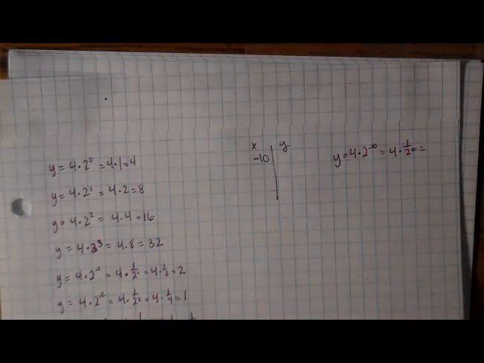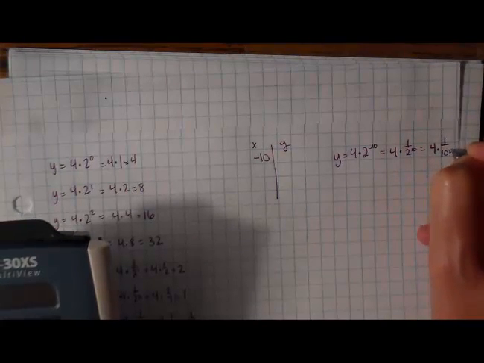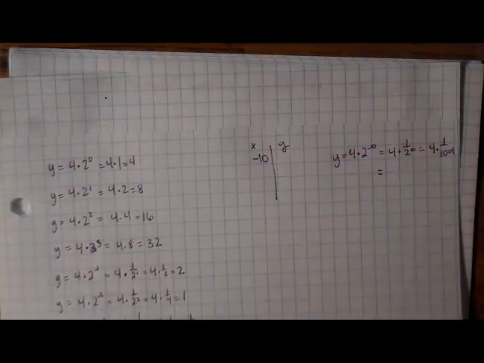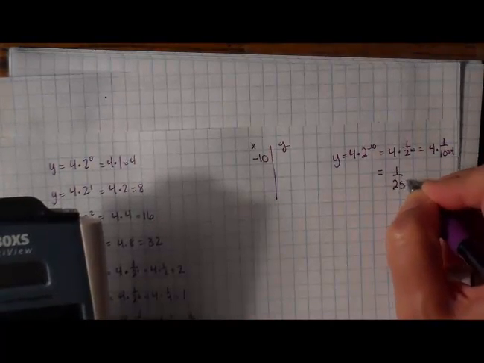Now 2 to the 10th, hold on one second, is 1024. So 4 times 1 over 1024. So that would be 1 over 256.